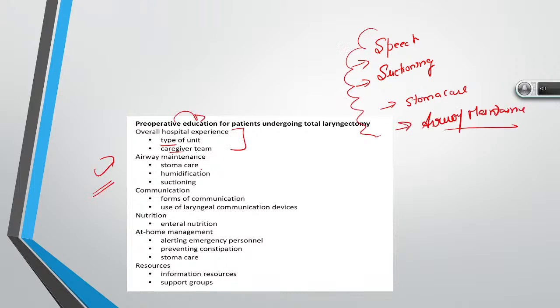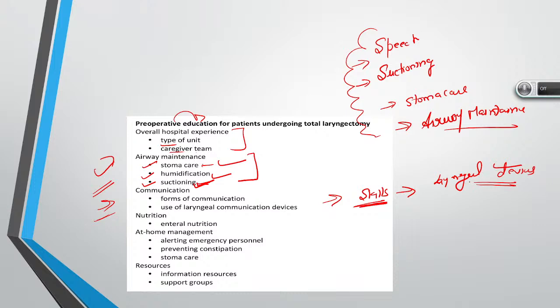After the laryngectomy, the client needs proper stoma care, proper humidification or ventilation in the atmosphere, and suctioning to clear out all the secretions. Suctioning is the basic concept to clear the airway, and humidification and speech therapy are always recommended or skills taught to the patient.